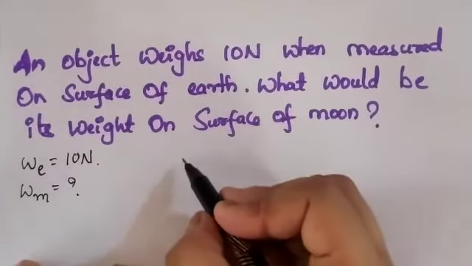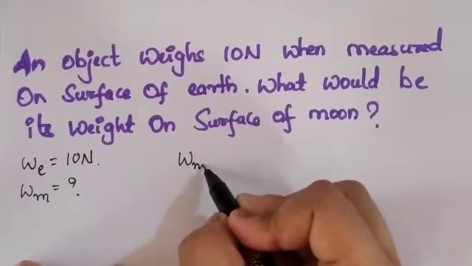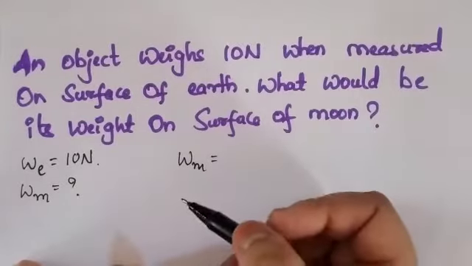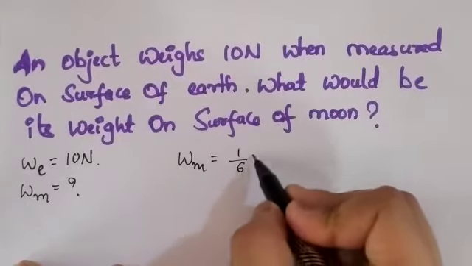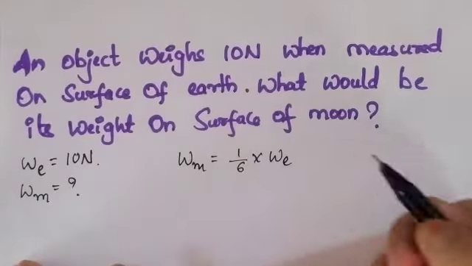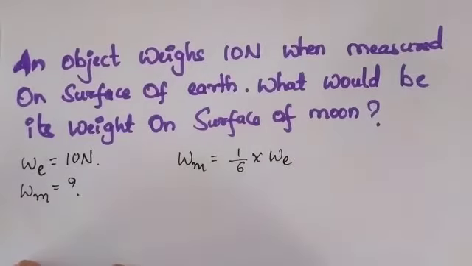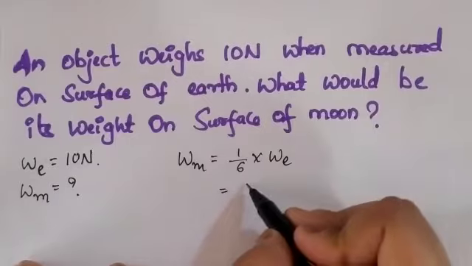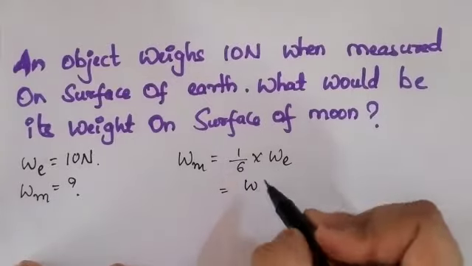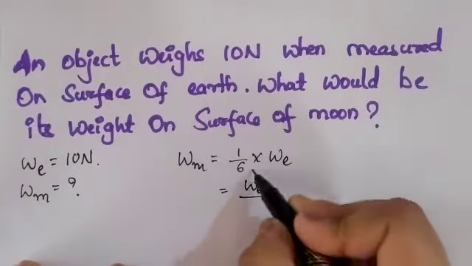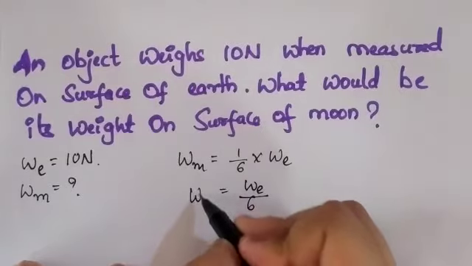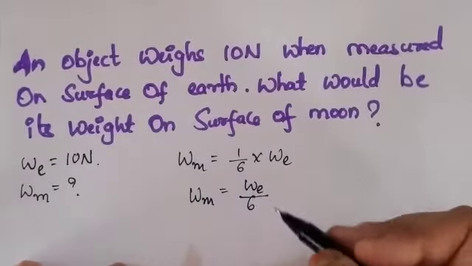Since the formula here is Wm, that is weight on the moon, equals 1/6 of the weight on the earth, that is 1/6 into We. I can change this as We into 1, which is nothing but We divided by 6. So weight on the moon is equal to We by 6.